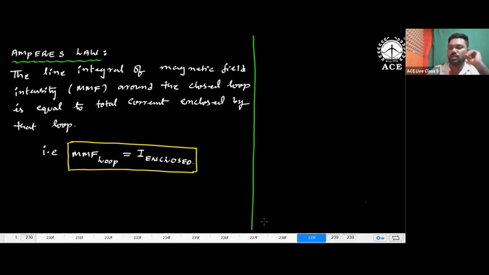MMF in the loop is equal to I enclosed, beta. Now let me explain this one. What does that mean? Now let us consider the current carrying conductor. Here is a current carrying conductor.